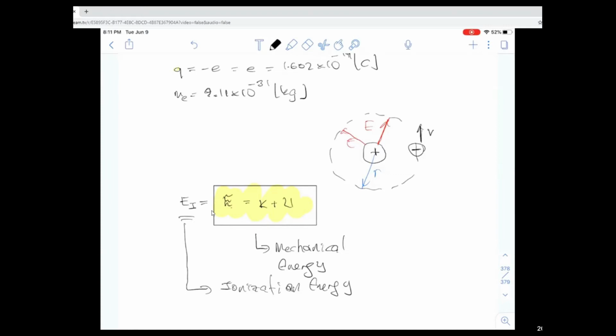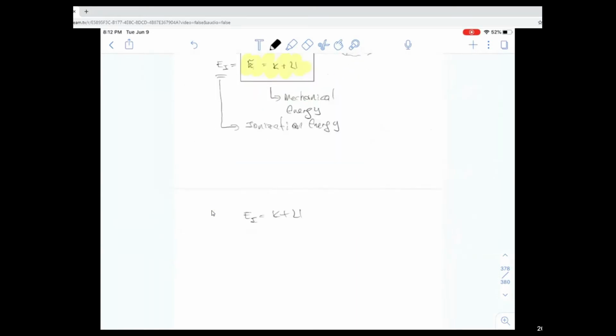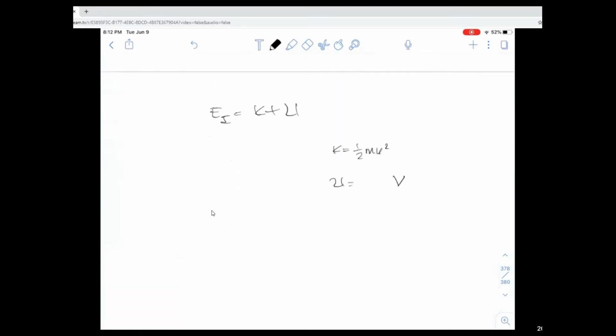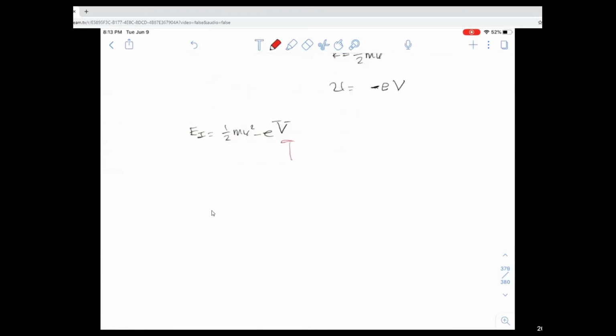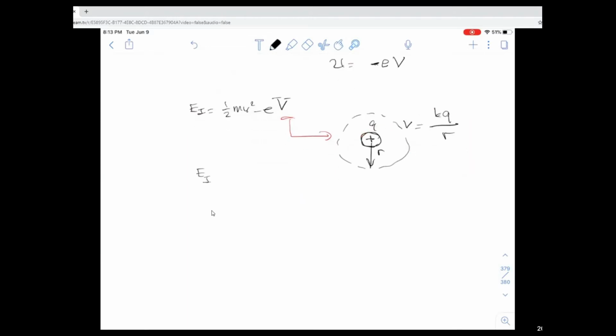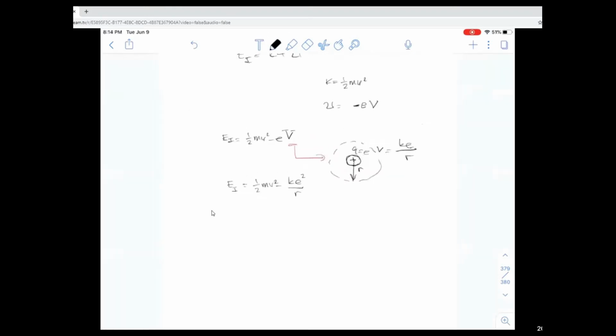So we have to provide this amount of energy to the electron in order to knock it out of an atom. So we get an expression for the kinetic energy as well as the potential energy. Within the potential energy is the potential of the positive charge, which is right at the center. So it's K divided by R.